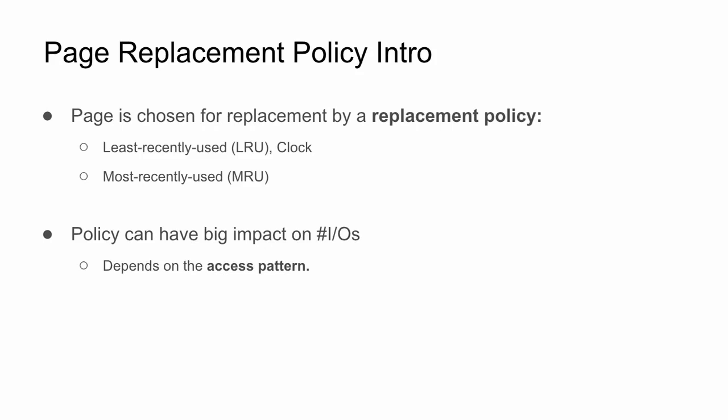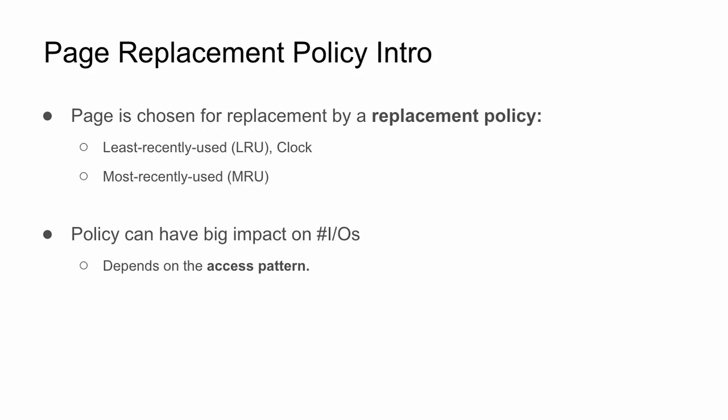Okay, so the page is chosen for replacement by a replacement policy that we're going to decide. There's some terms here that we're going to throw out for now. LRU, which is least recently used. There's most recently used, and then there's a clock replacement policy.